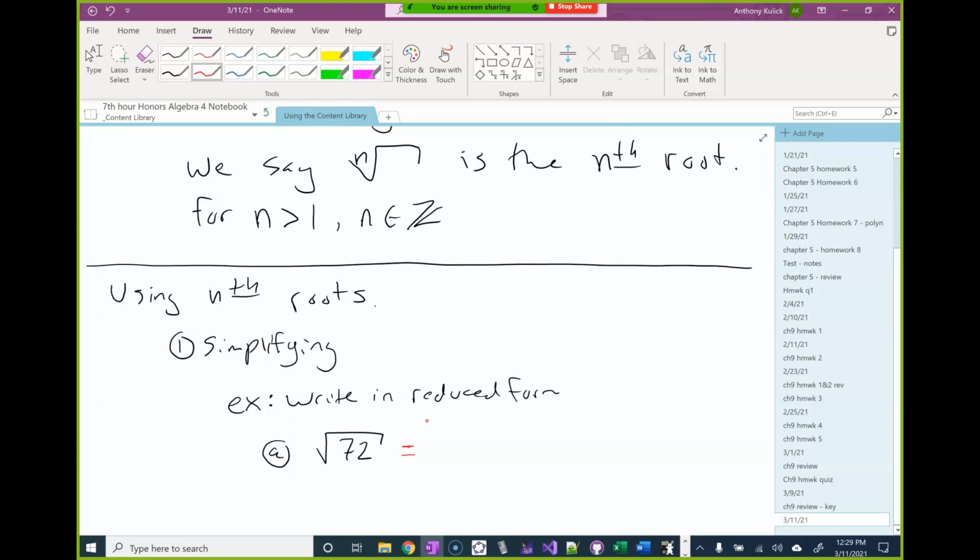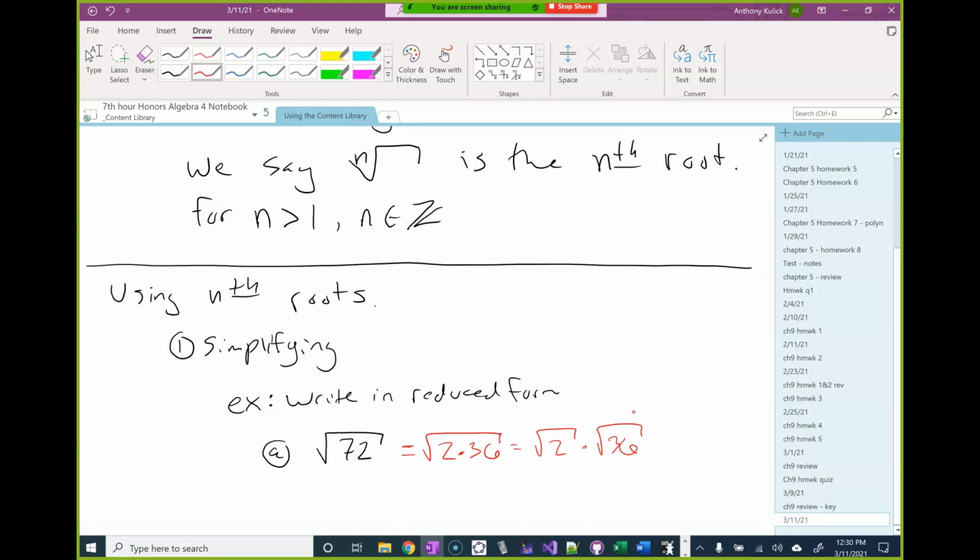We still haven't found the one that I'm looking for in this problem. 36, because 6 squared is 36. And I notice that 2 times 36 is 72. Everybody okay with that? And so, because this is multiplication going on underneath my radical, I can break the radical at that multiplication symbol into two radicals.